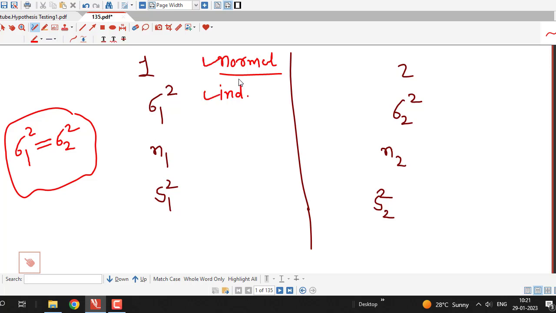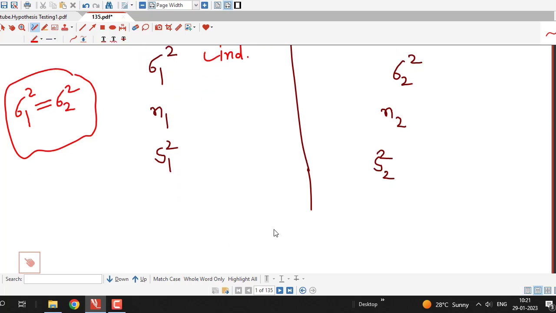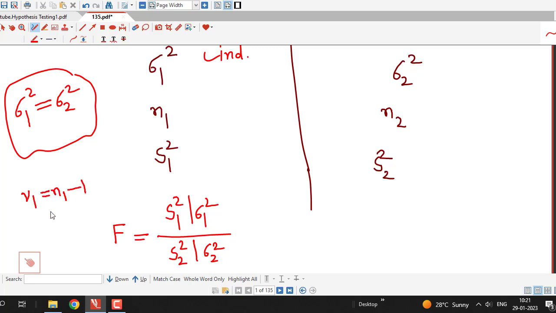If these two conditions are satisfied, then the ratio s1 square over sigma 1 square in the numerator and s2 square over sigma 2 square in the denominator follows an F distribution with numerator degrees of freedom equal to n1 minus 1 and denominator degrees of freedom equal to n2 minus 1. Now here our null hypothesis is always sigma 1 square equal to sigma 2 square.